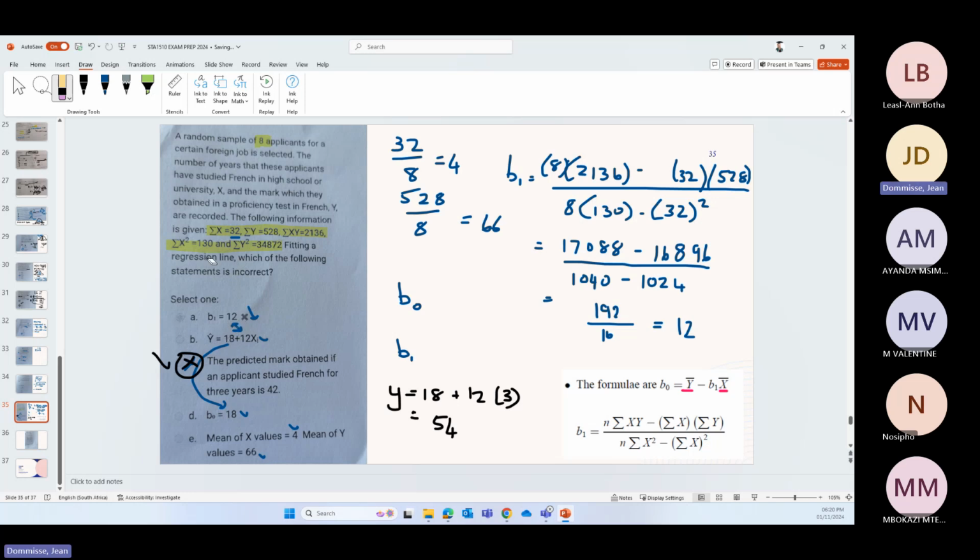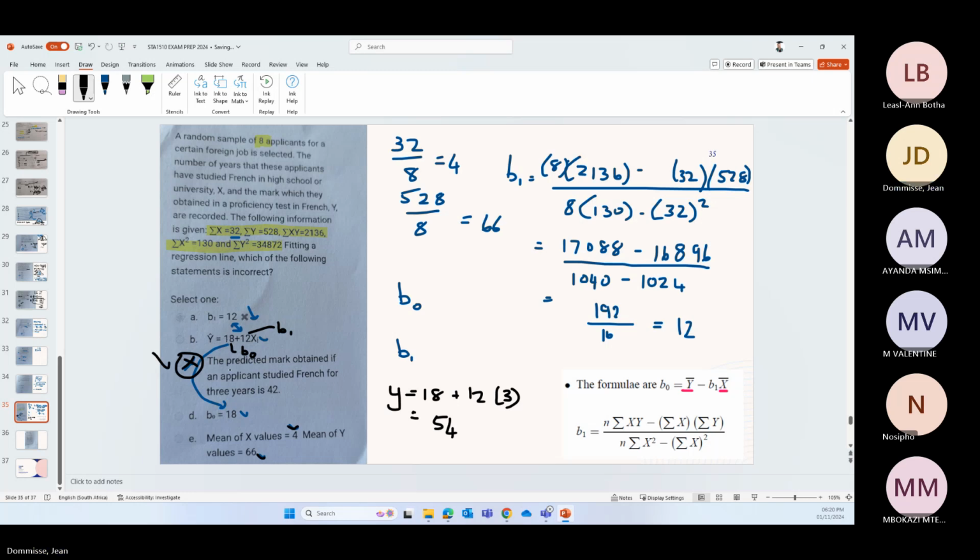But also look, without working this out, we worked out this, so this was correct. Then I'm looking for the incorrect one. But if you look at this formula, that is B1, that is B0. If one of those were wrong, then B is wrong and A is wrong, or B is wrong and D is wrong.